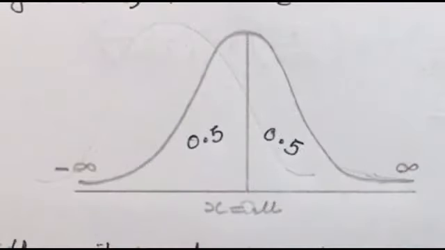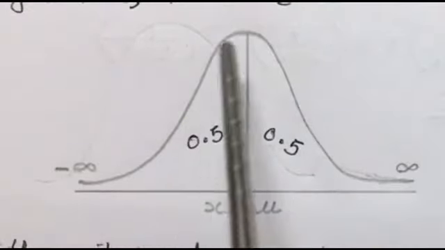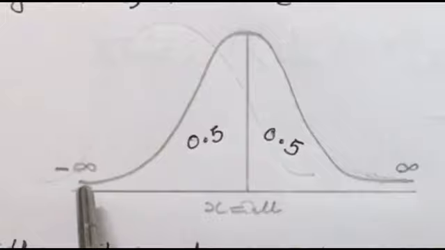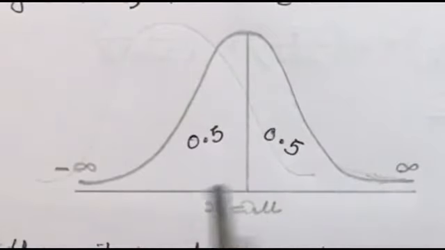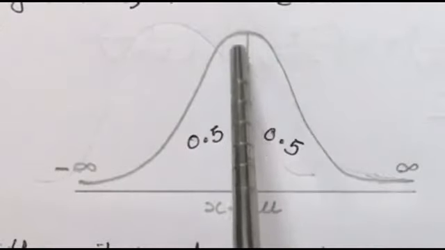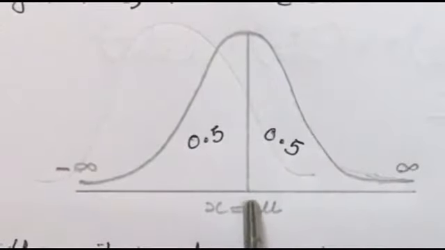Now taking up the bell-shaped graph, the curve is exactly symmetric. Both the ends you will find that it is not touching the horizontal line. The horizontal line in the graph is x-axis and the vertical line is y-axis.